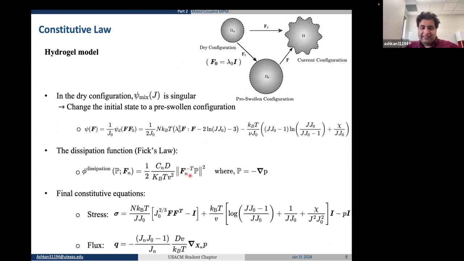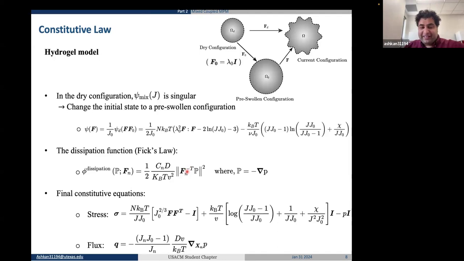Yeah, because these properties are defined on the reference configuration. This is the gradient of P, but if we want to transfer it to the current configuration or previously converged configuration, we need this Fn minus transpose.